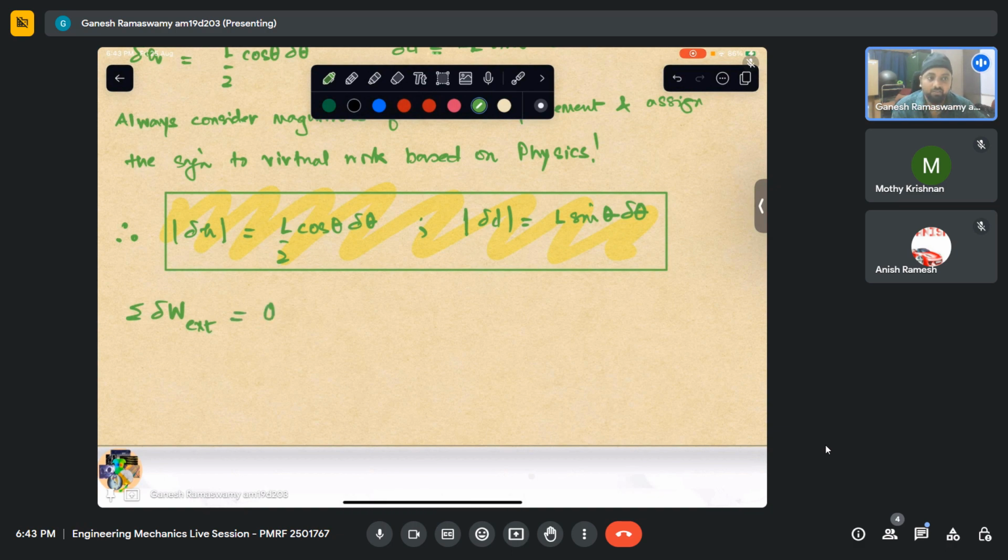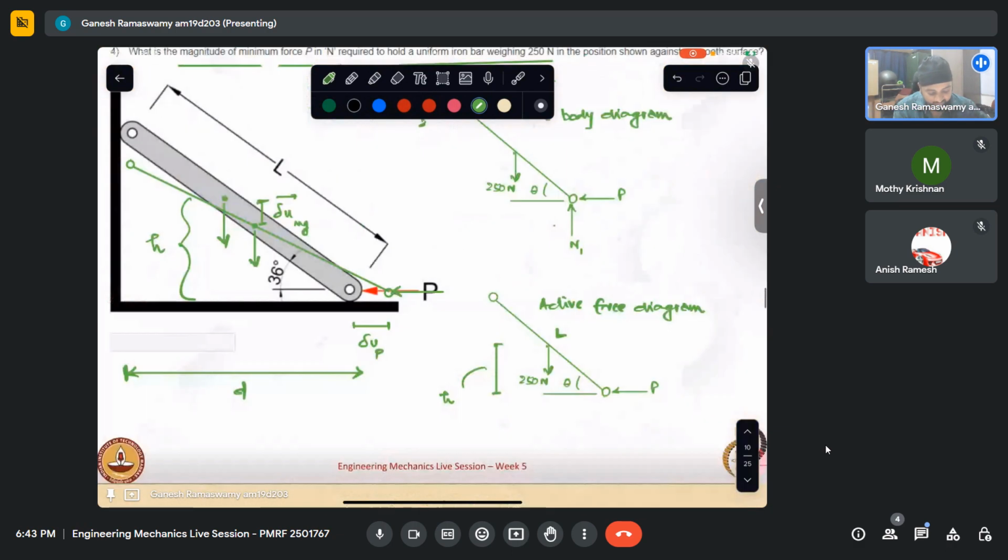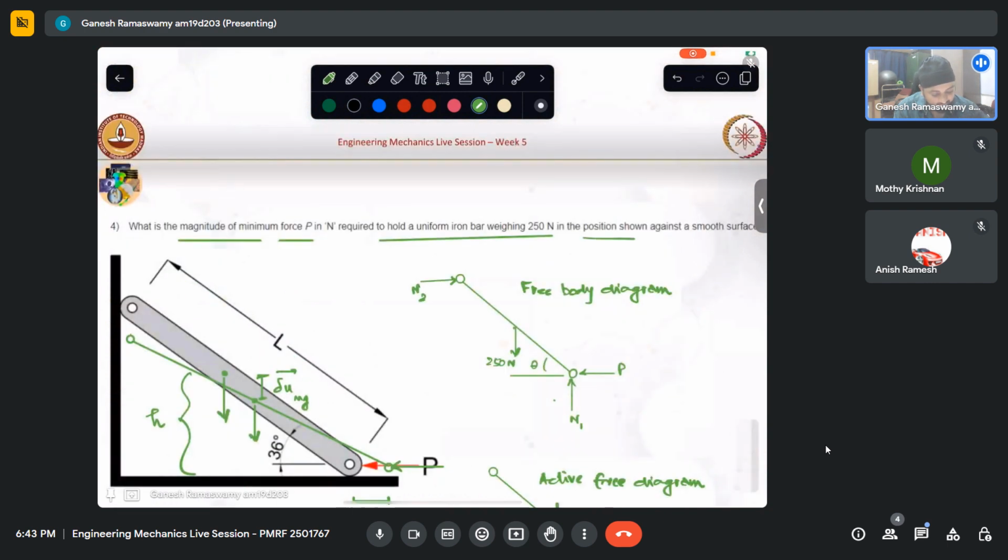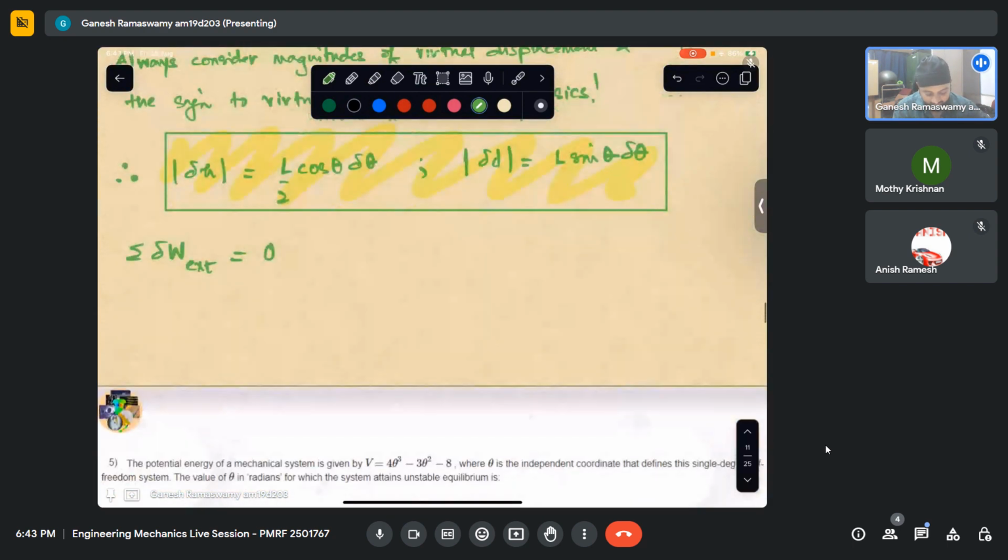What is our question asking? To hold the uniform bar in the position shown, meaning to maintain equilibrium. So to apply the principle of virtual work, it says the sum total of all the virtual work is 0.